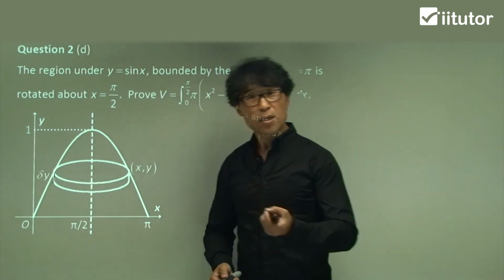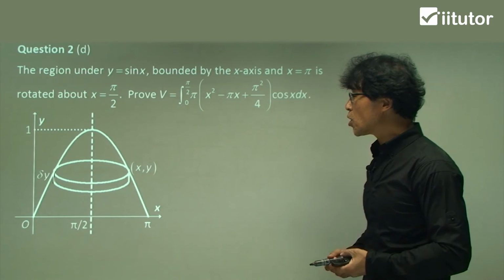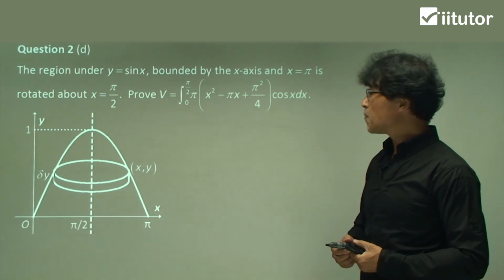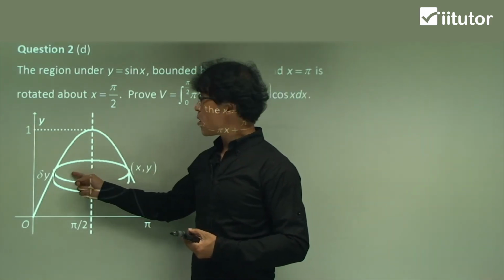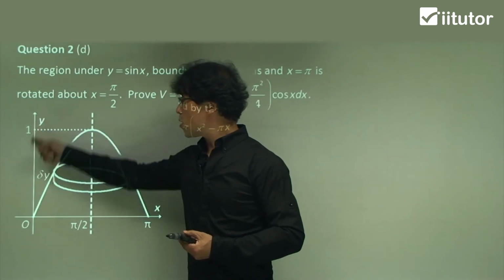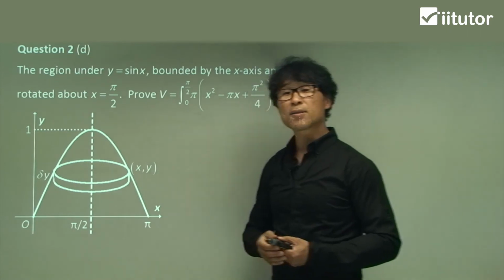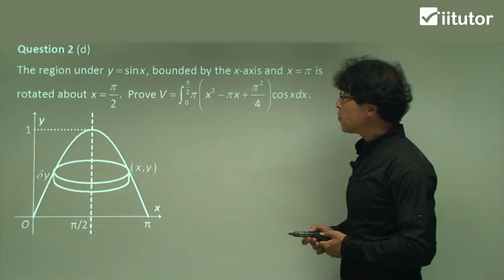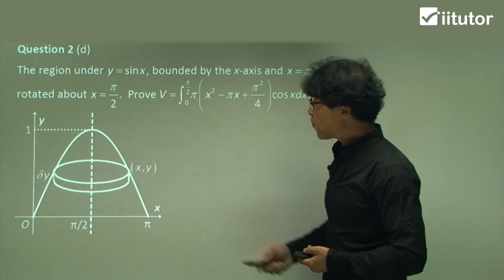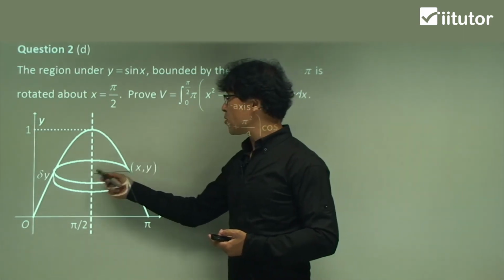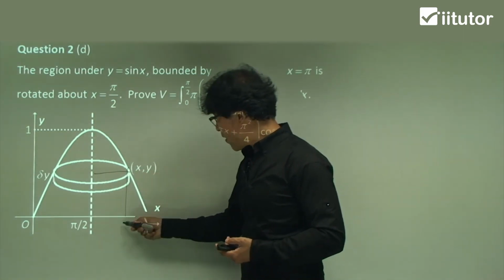I explained about the thickness a few minutes ago. That thickness is parallel to the y-axis, therefore it should be delta y. Now that equals xy. So we've got to find the radius. What was the radius? So that is x.